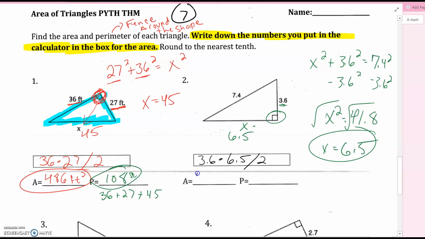When you do that, you should get 11.7 units squared. Then for the perimeter, you would add 3.6 plus 6.5 plus 7.4 to get 17.5 for your perimeter.